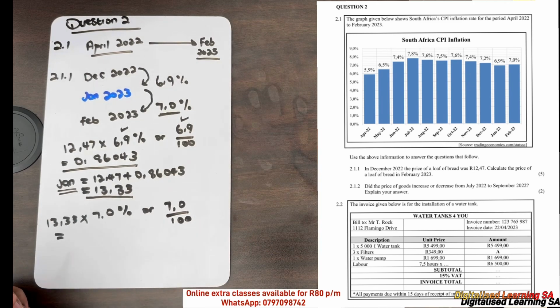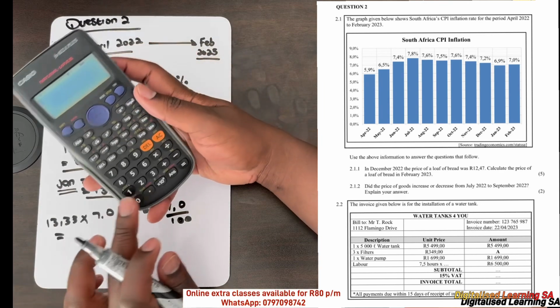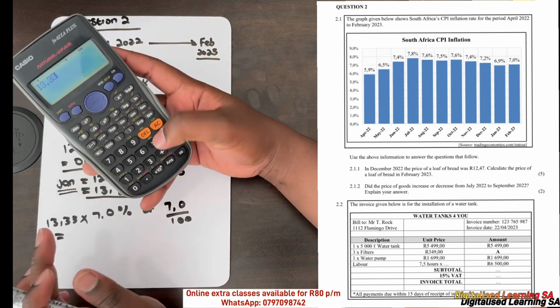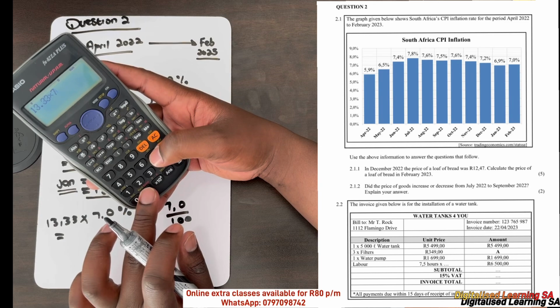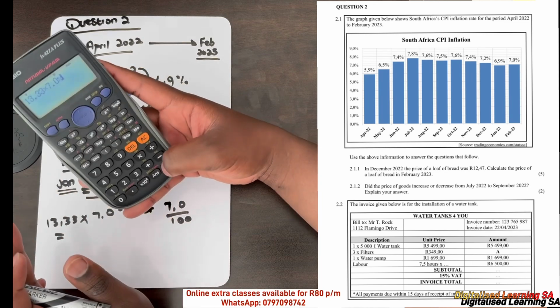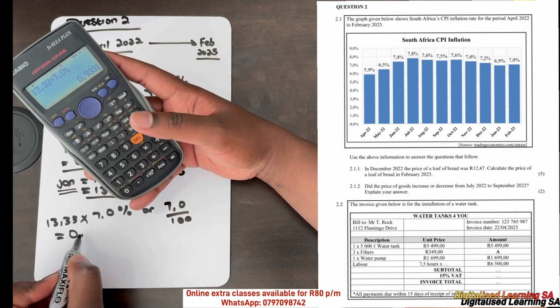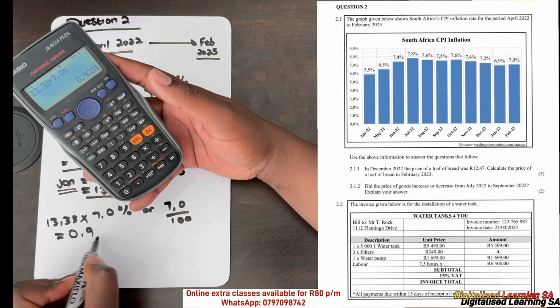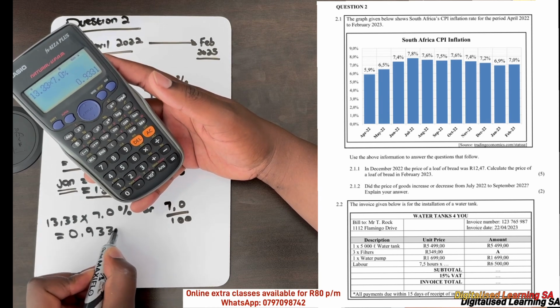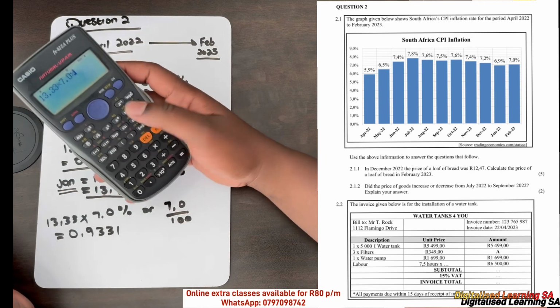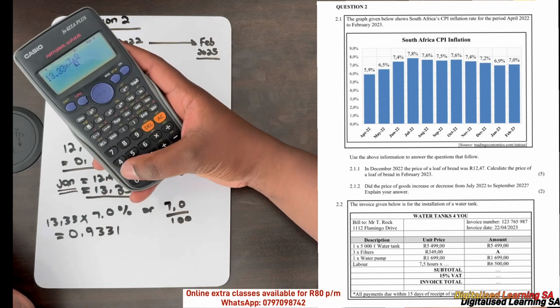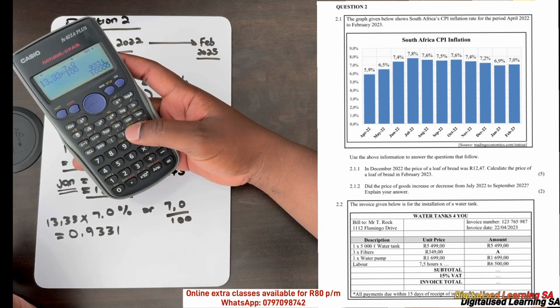Okay, so now let's go ahead and check how much that will be. So it's 13.33 multiplied by 7.0%, and we will get 0.9331. So even if we use the other method, even if we divide by 100, we still get the same thing, right?